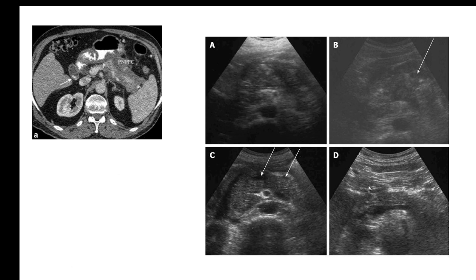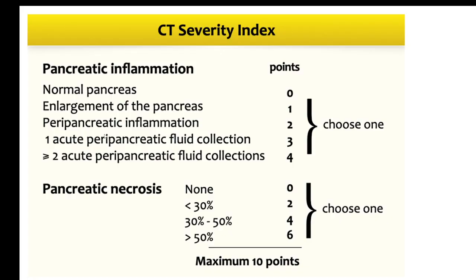In USG you can also make out the edema, the necrosis, and the fluid collections, but the accuracy of USG is lesser than that of MRI, and hence MRI is the most preferable investigation.